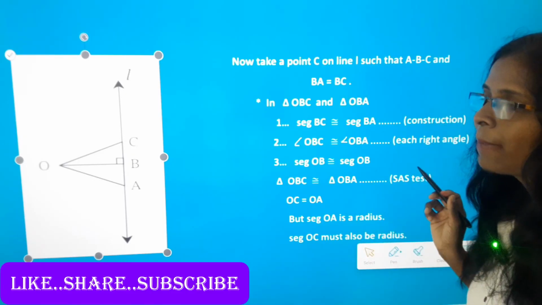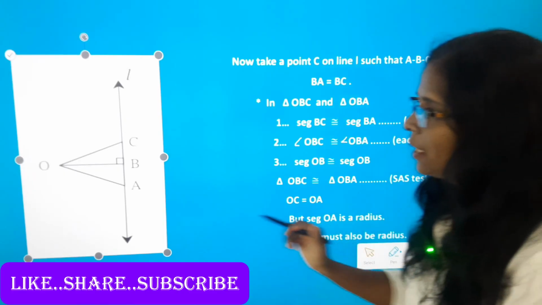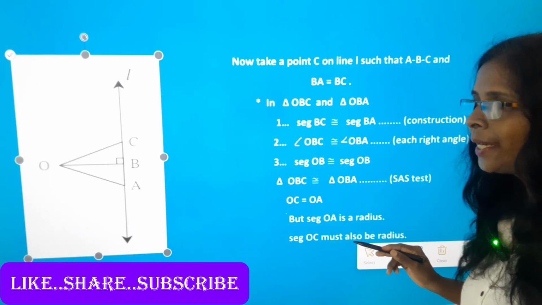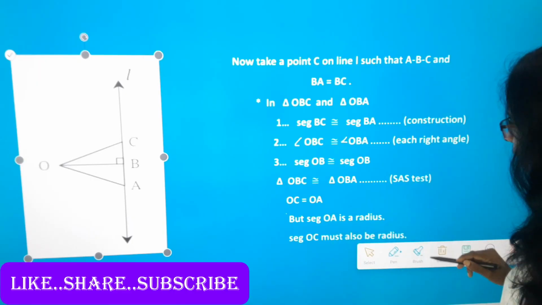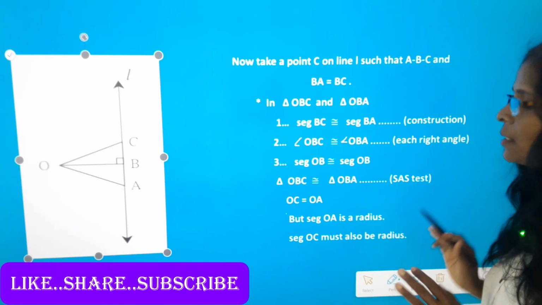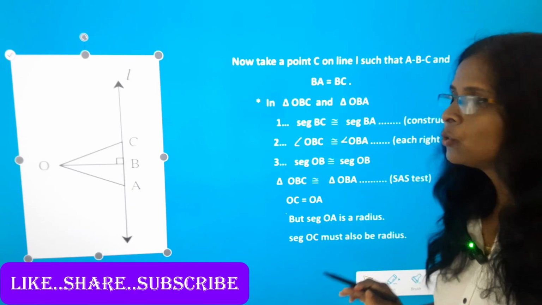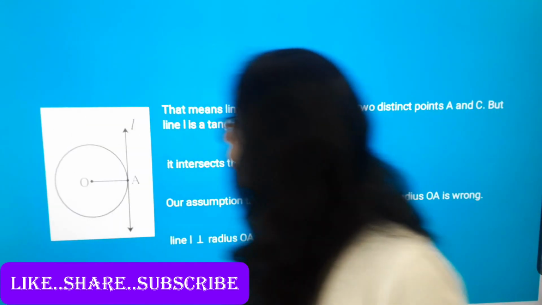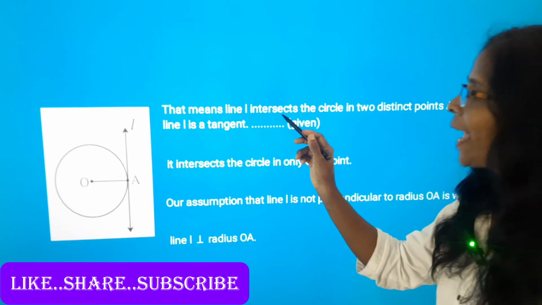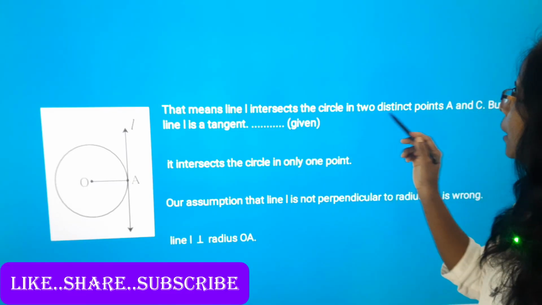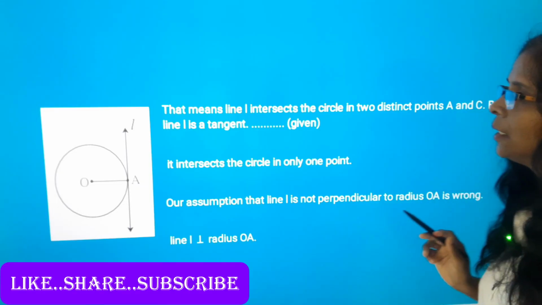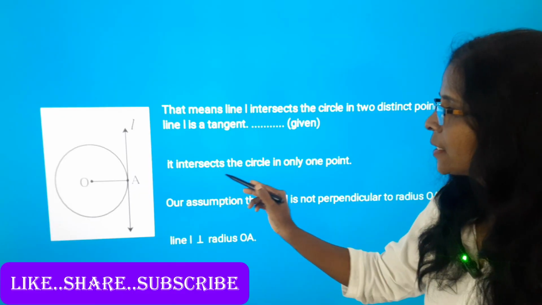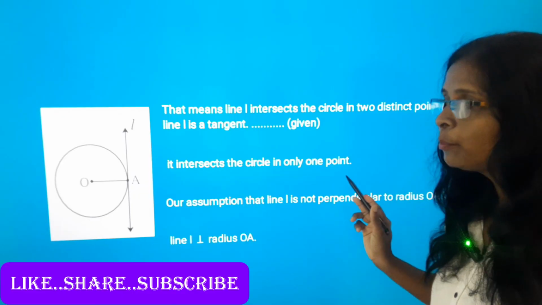So by the SAS test, OC is equal to OA. But segment OA is a radius, so OC must also be a radius. That means line L intersects the circle in two distinct points A and C. But line L is a tangent, so it intersects the circle in only one point.